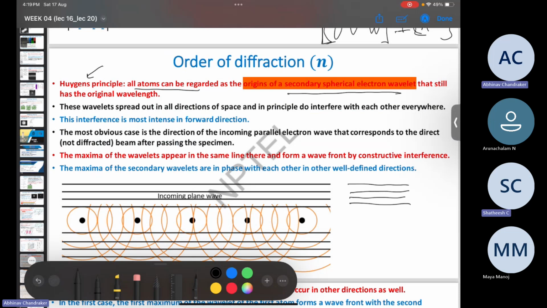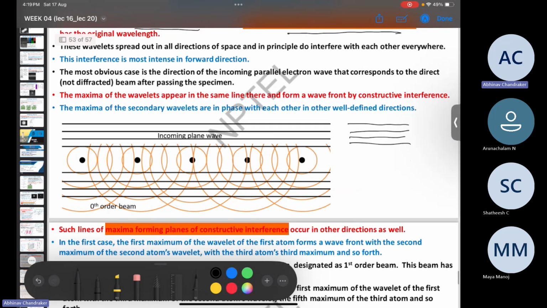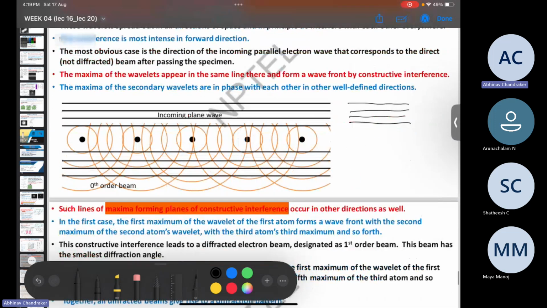Just like spherical wavelets are formed on water if there is any disturbance, here also the primary wave on encountering these atoms will form these spherical wavelets, and when these wavelets interact, we'll observe phenomena which will be similar to constructive interference.